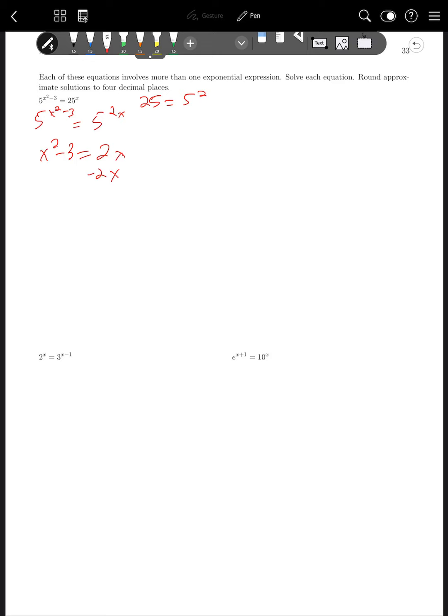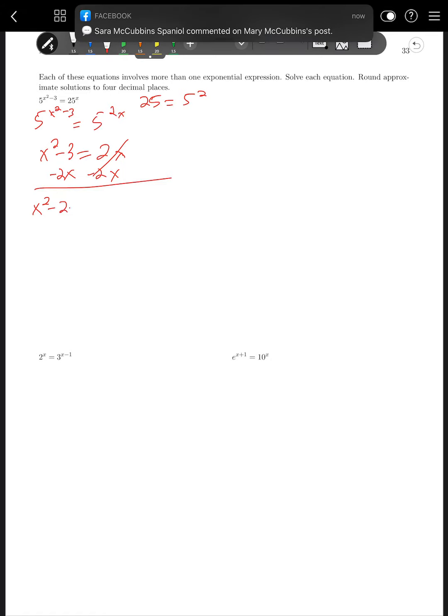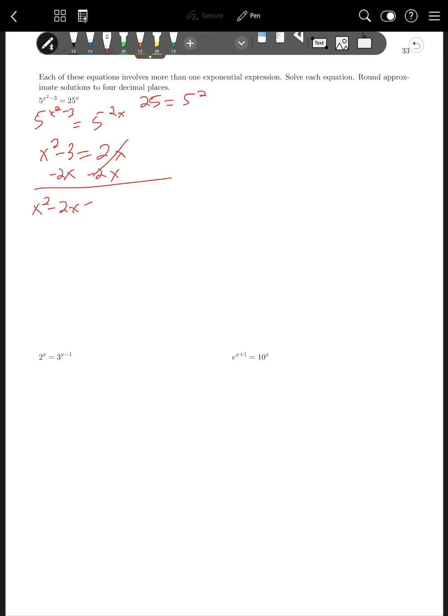So subtract 2x from both sides because it's quadratic, so we want to set one side equal to 0. And then we can factor this. So two numbers that multiply to get negative 3 and add to get negative 2. Well, our only real option here is 1 and negative 3, and that adds up to negative 2, so that works.